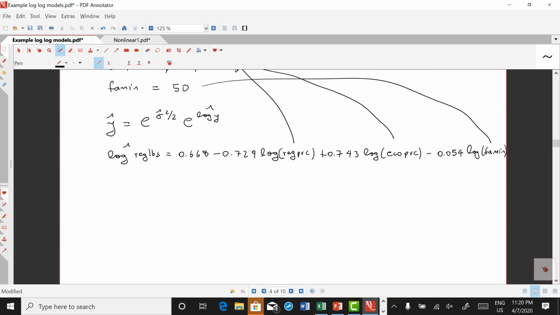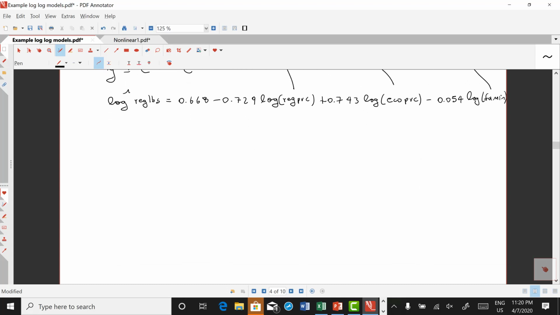And we just have to plug in those values there. So the log hat of regular apples is equal to 0.668 minus 0.729 times the log of 1, plus 0.743 times the log of 1.20, minus 0.054 times the log of 50.